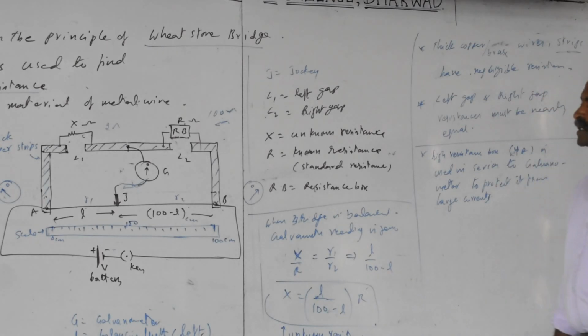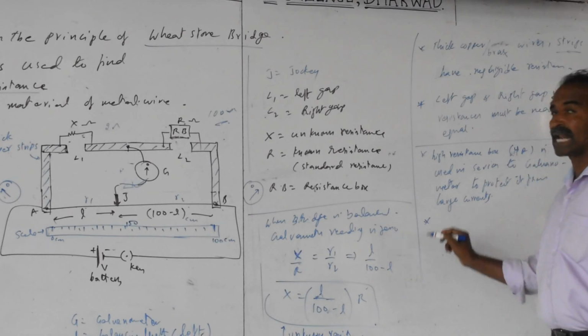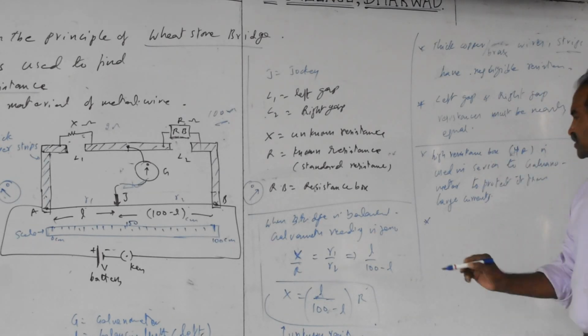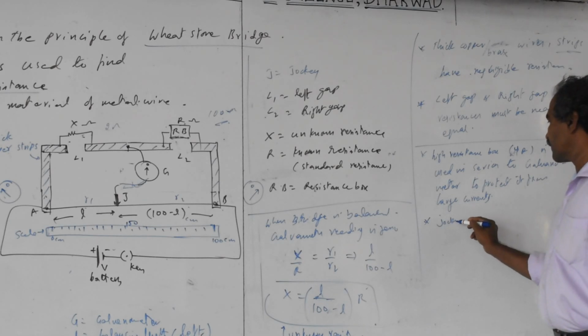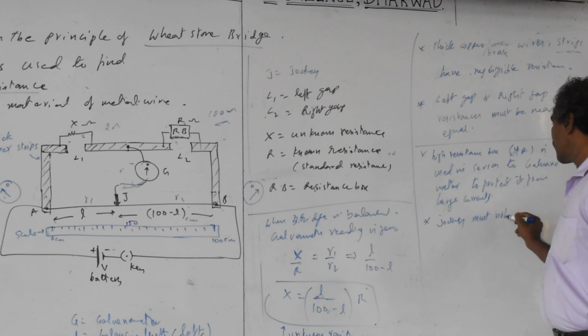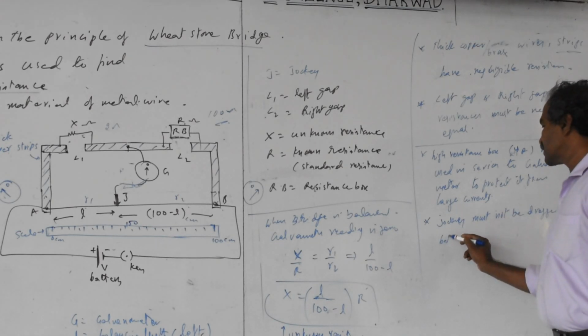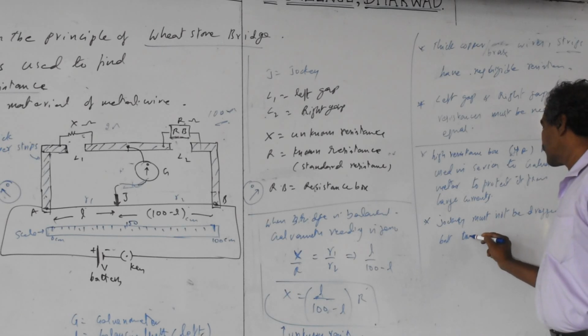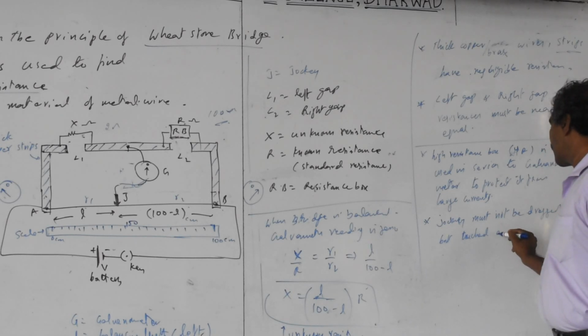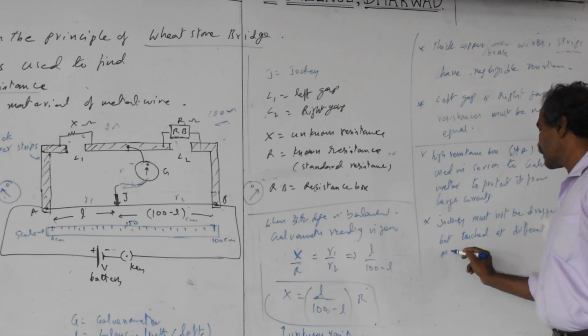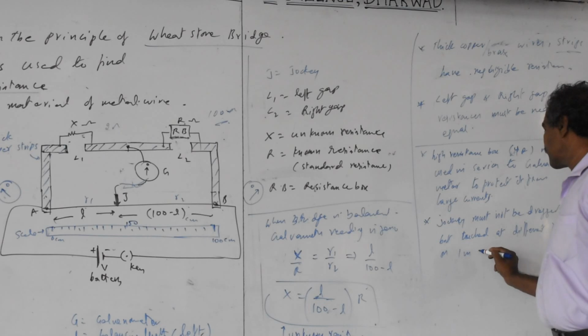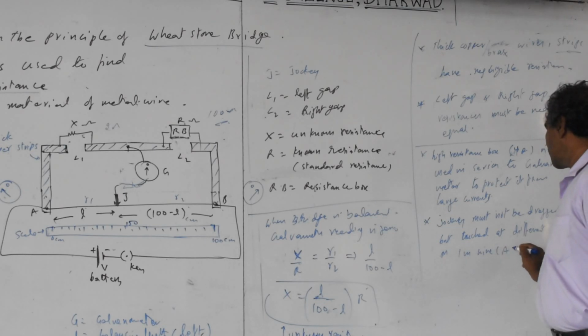Next is that the jockey must not be dragged. It must only be touched at different points on the 1 meter wire, that is AB.